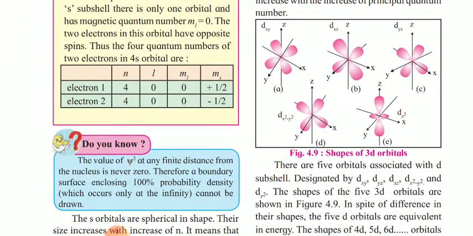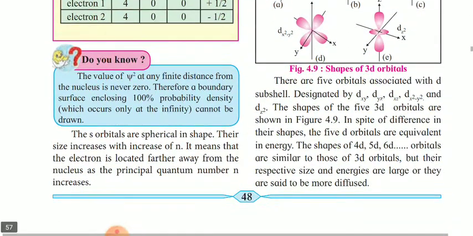The d orbitals get divided into five different types: dxy, dxz, dyz, dx square minus y square, and dz square, and their corresponding shapes are also shown in this diagram.